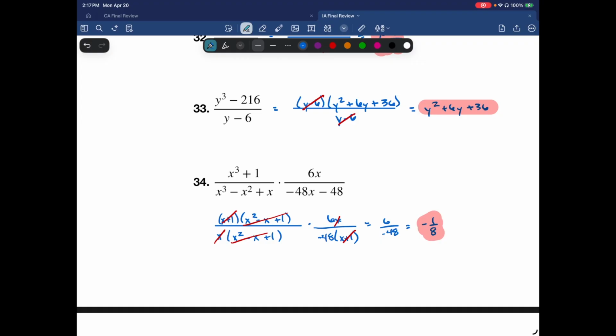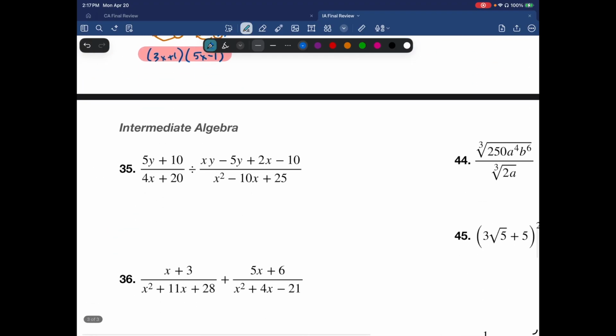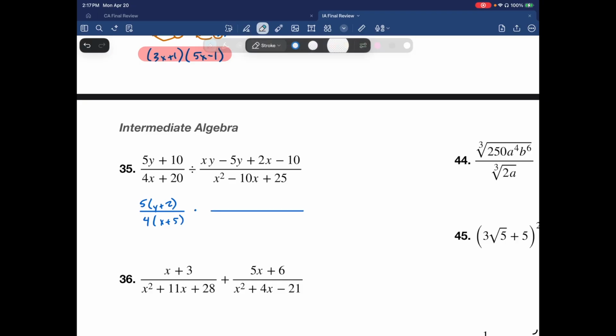All right, 35. Now, when I divide fractions, remember I multiply by the reciprocal. So here, I pull a 5 out, so that's going to be y plus 2. And pull a 4 out, that's going to be x plus 5. All right. So the x squared minus 10x plus 25 goes on top when I factor it, and that's going to be x minus 5, x minus 5.